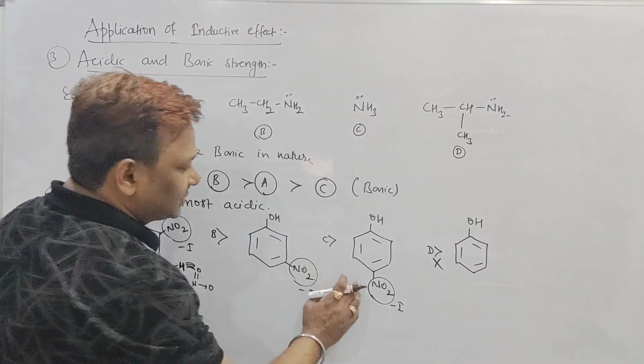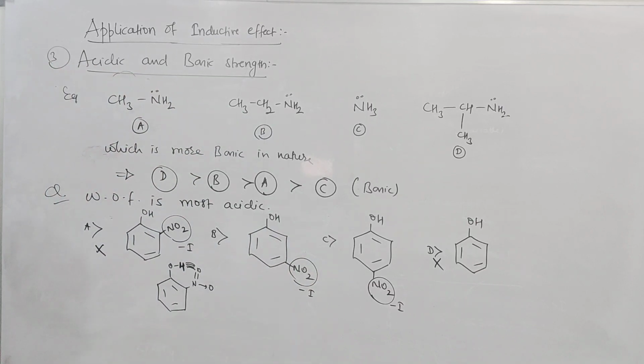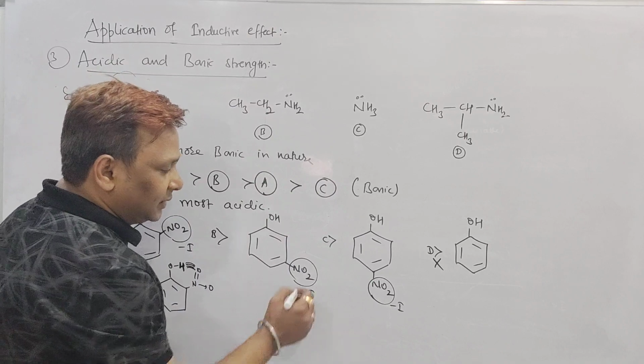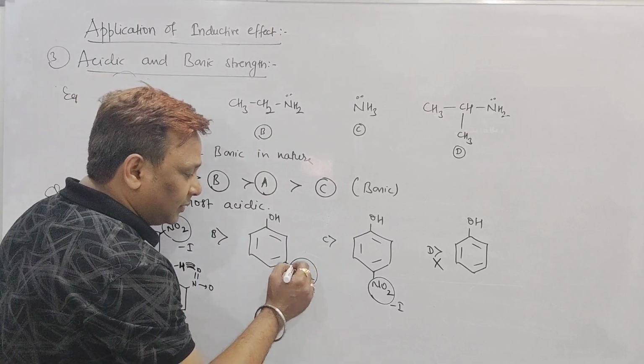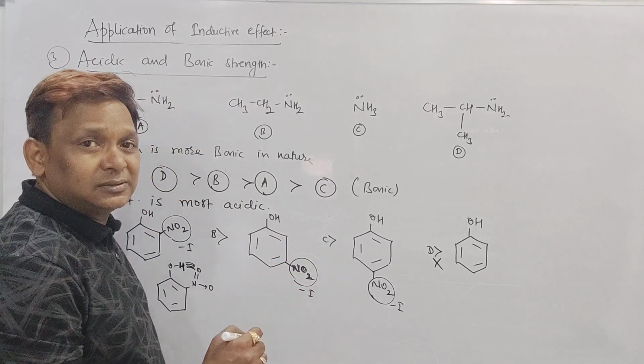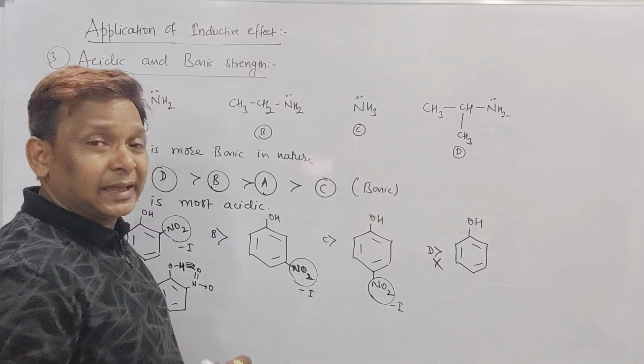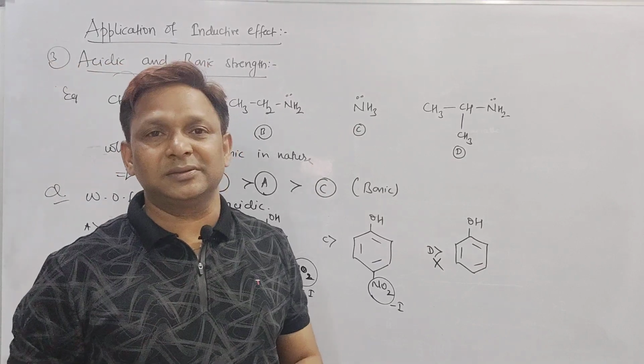The question is B and C. Which is more acidic in nature? I will tell you one more point, beta. These things you are going to learn in the directive influence of the substituents.